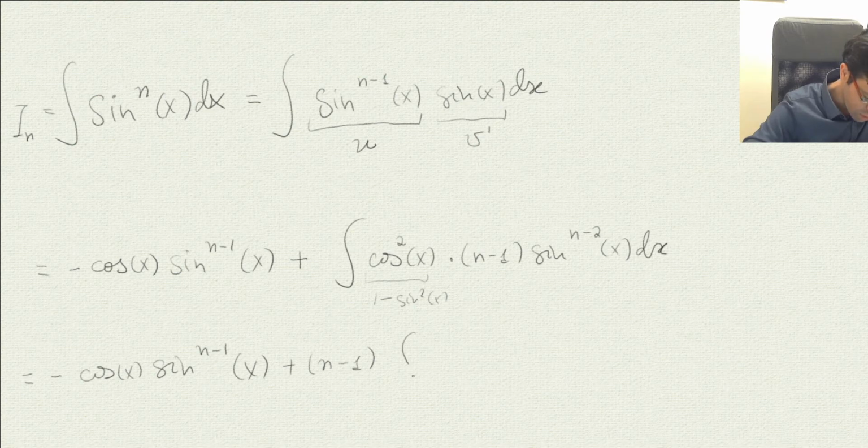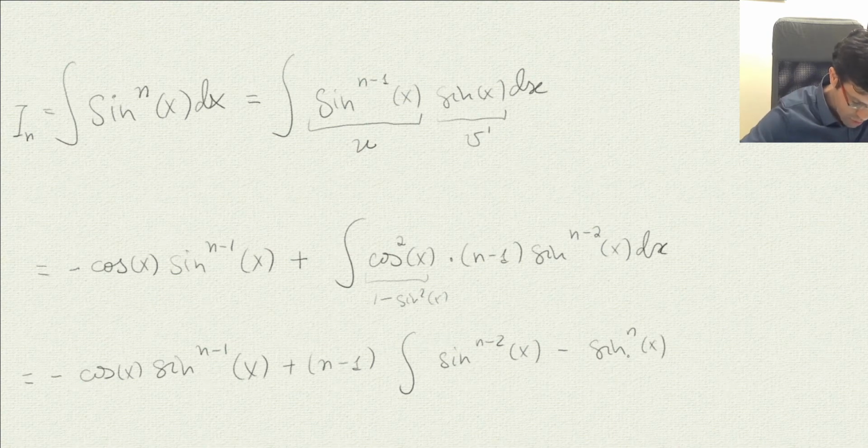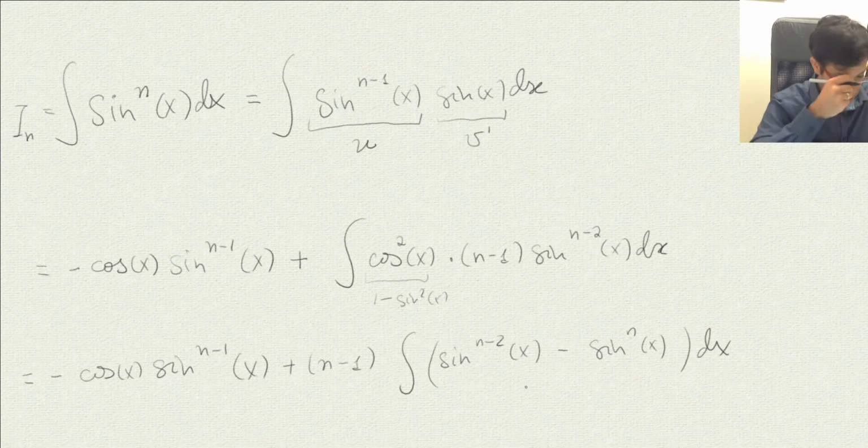So here we'll have sine to the power of n minus 2 of x, times this 1, and minus the sine to the power of n of x, all of it dx, of course. We've got rid of the cosine. And this is the integral.